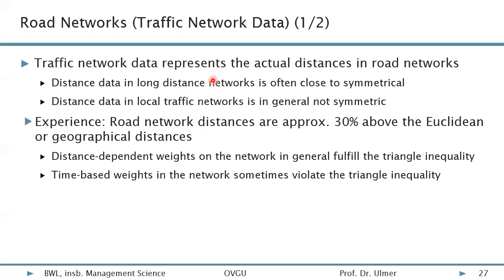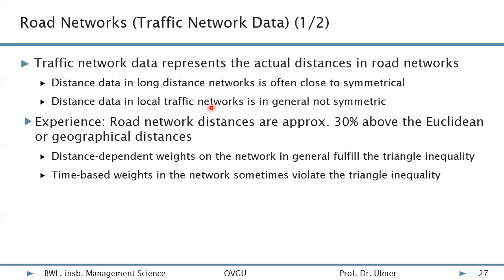So if I go from here to Kiel, it likely takes the same time as going from Kiel to Magdeburg, except maybe if there's a traffic jam. But in general, if we really say distances, this should be the same. However, in local traffic networks, so in the city, the distances do not need to be the same due to one-way streets or other reasons.